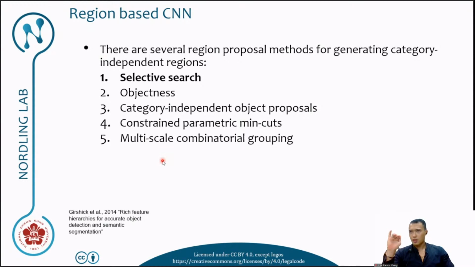One is selective search, one is objectness, one is category independent object proposal, one is constraint parametric min cuts, and the other one is multi-scale combinatorial grouping. In this talk, we will mainly focus on selective search, because that is the algorithm that was used for the original region-based convolutional neural network.